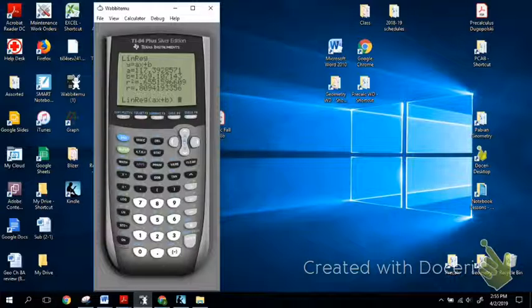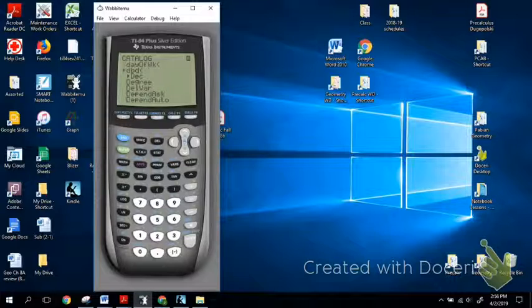So what you're going to do first, I'm going to back out of here. You're going to go ahead and hit second 0, which will get you to your catalog. It says catalog on there. Then you're going to find your D button, which is your X inverse button. If you just hit the X inverse button, no other button, it will bring you down to your Ds.